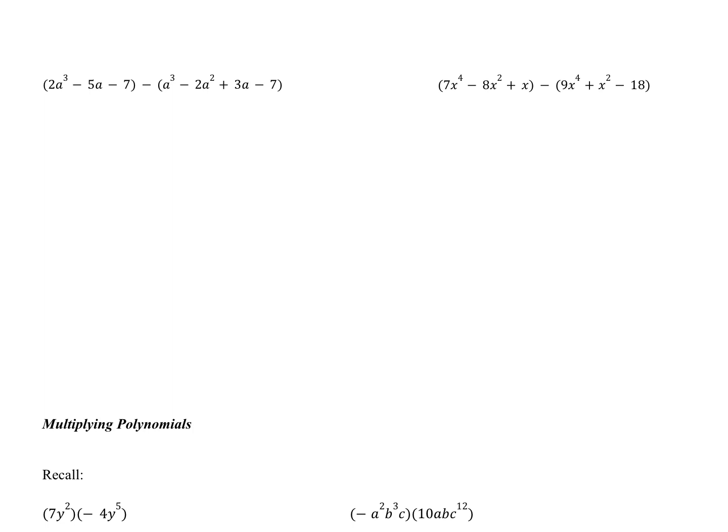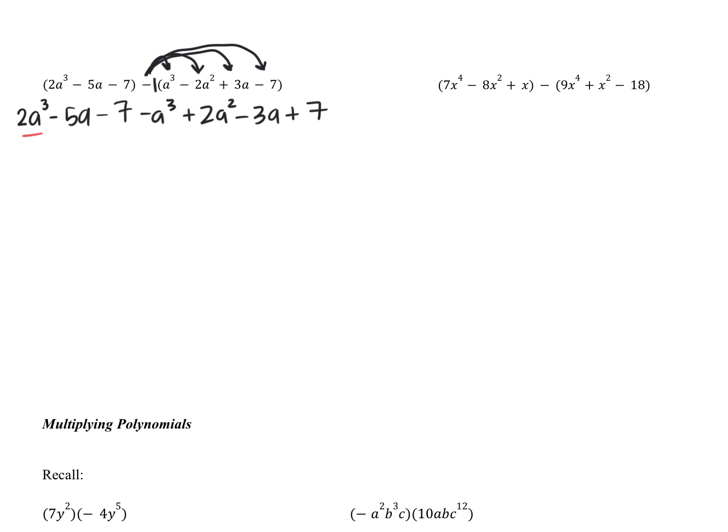So I have 2a cubed minus 5a minus 7 minus a cubed minus 2a squared plus 3a minus 7. So what I do here is I distribute my negative into my second set of parentheses because there's technically a -1 in front of this parenthesis that I'm going to distribute to all of my terms so I can think of it more of an addition problem. So it becomes minus a cubed plus 2a squared minus 3a plus 7.